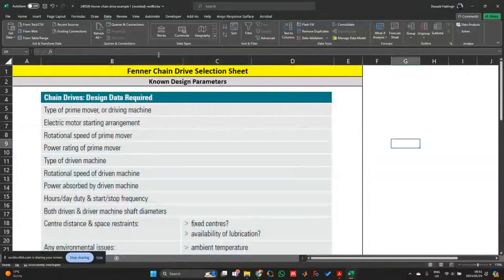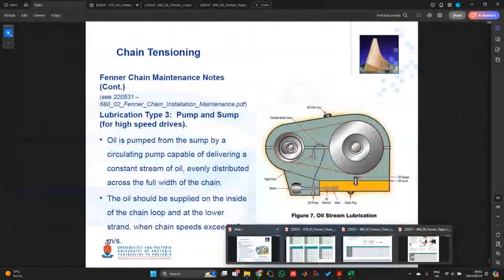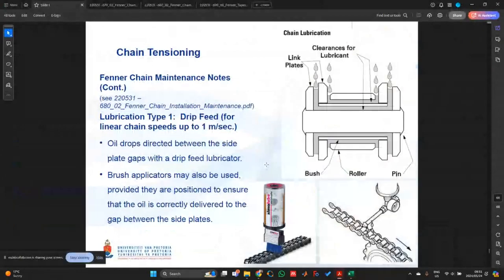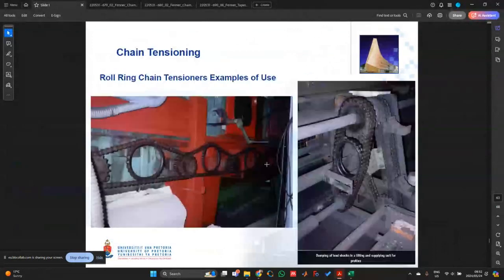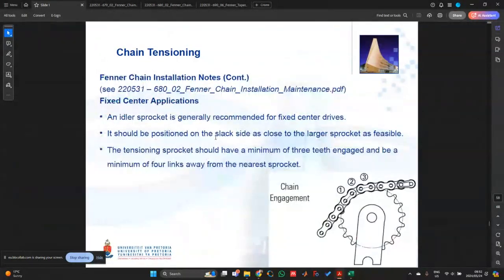Okay, so I think this more or less covers the spreadsheet. There was just a last comment that I wanted to make on one of the slides where we looked at the number of teeth on your chain. I think it was this one.